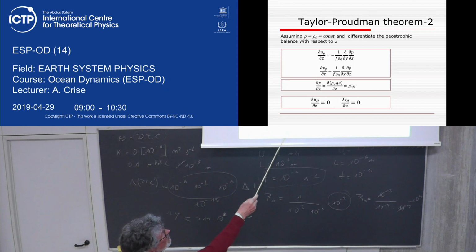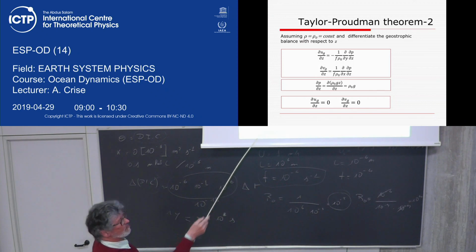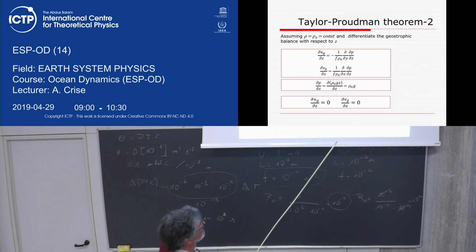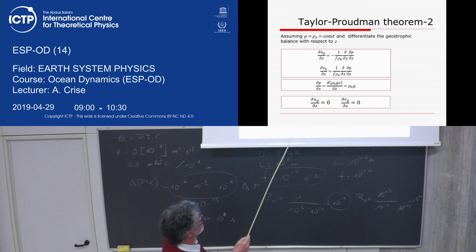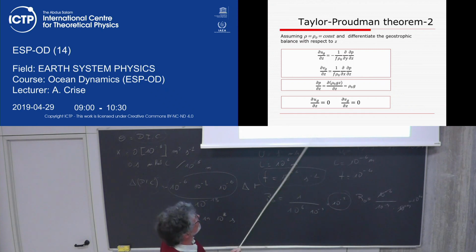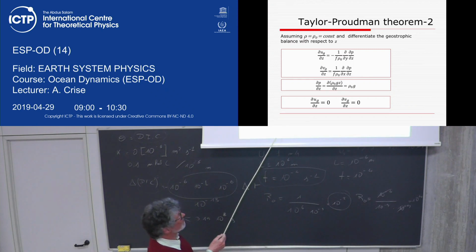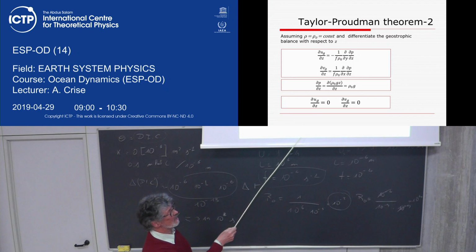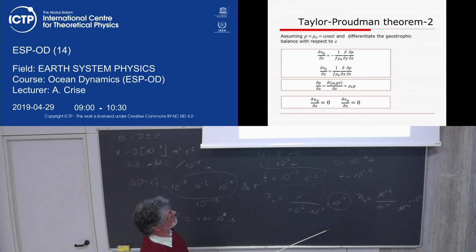You may recognize here something that is quite similar to the thermal wind equation. In case of no lateral change in density, you get that the vertical velocity shear is 0. What does it mean?